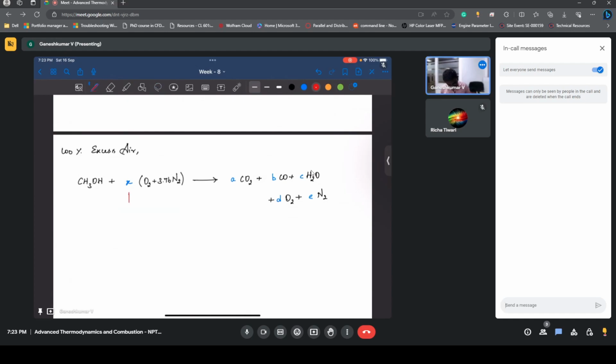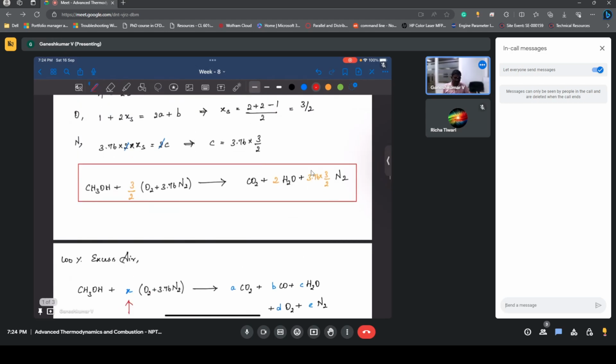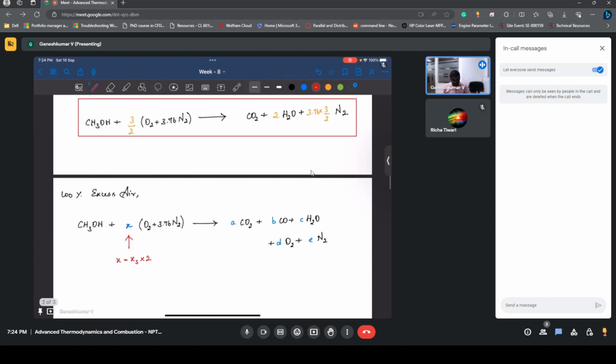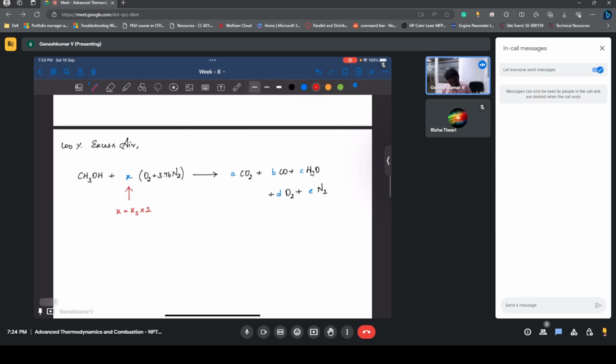This X is going to be XS times 2, and XS we already found is 3 by 2. So basically we can replace X to be 3, right?